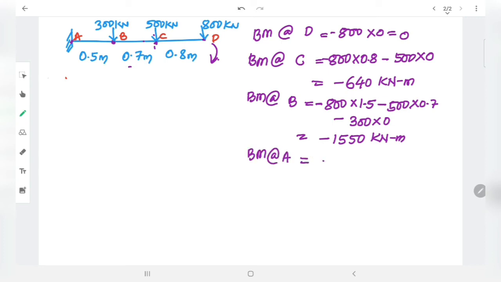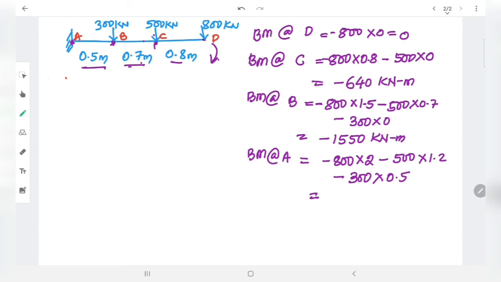Now I will be finding bending moment with respect to A, that is bending moment at A is equal to minus 800 into, total length is how much? 0.8 plus 0.7 plus 0.5, it is 2 meter, minus 500 into the distance from C to A, 0.7 plus 0.5, that is 1.2, minus 300 from B to A, minus 300 into 0.5.